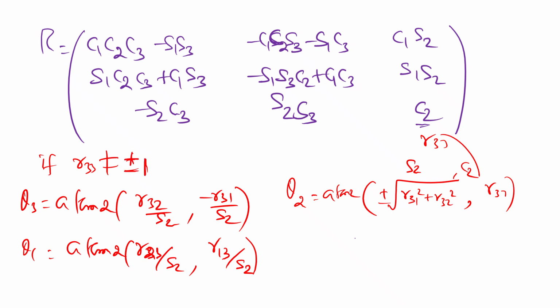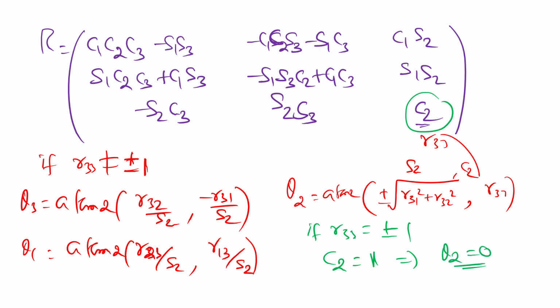So let's analyze the second condition. The next condition is if R33 is equal to plus or minus 1. When cos theta 2 will be 1, theta 2 is equal to 0. So when theta 2 equals 0, cos 2 will be 1, sin 2 equals 0.